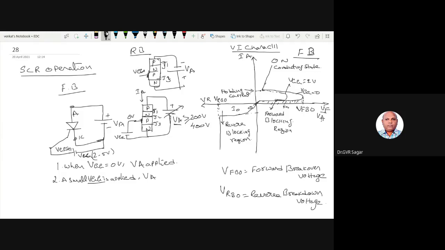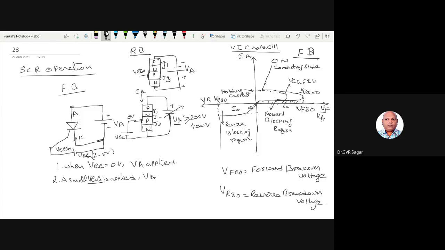This will be present. So this is the VI characteristics of an SCR. This is in forward bias, and this shows the reverse bias. And these are the two important definitions: forward breakover voltage and reverse breakover voltage.